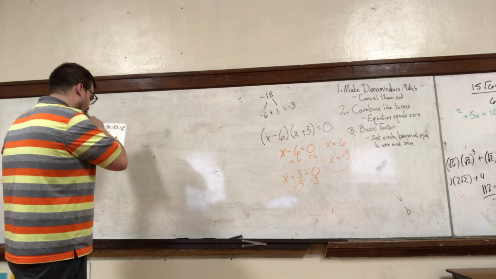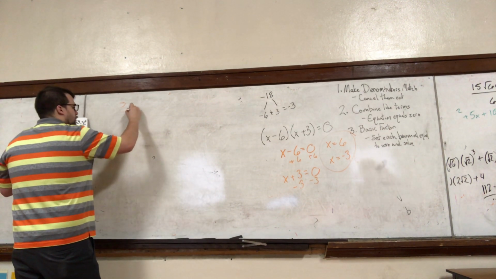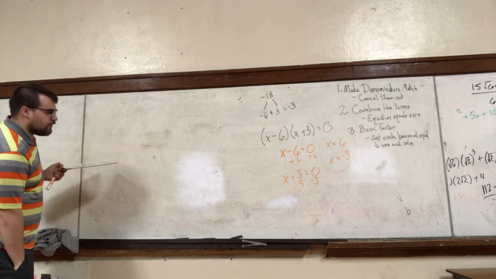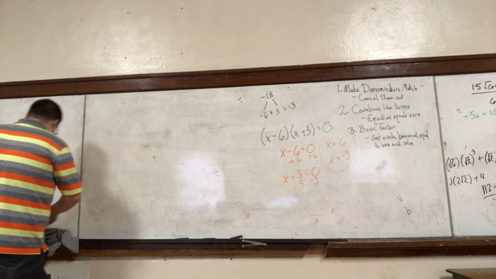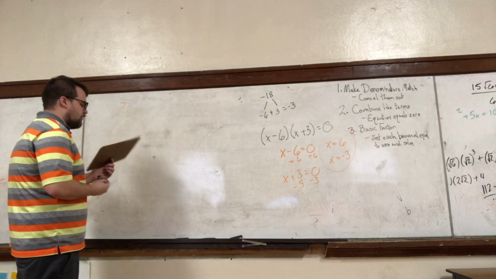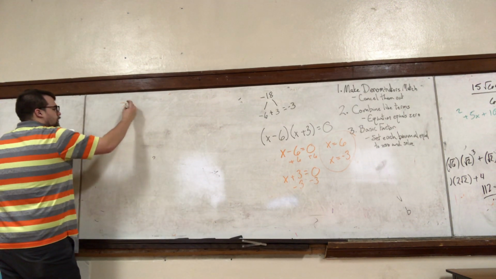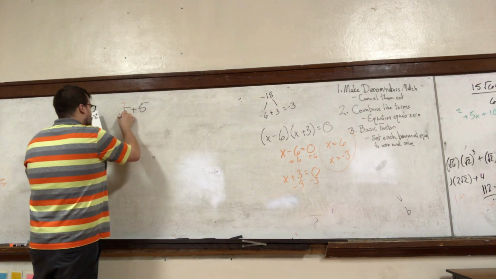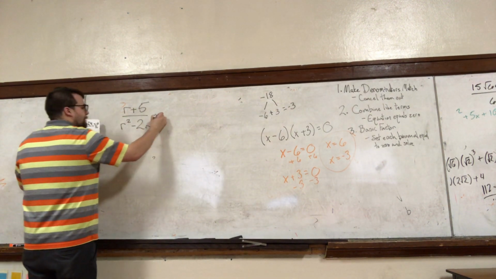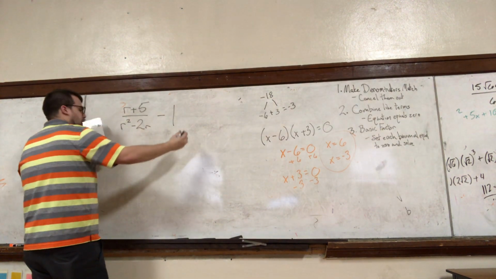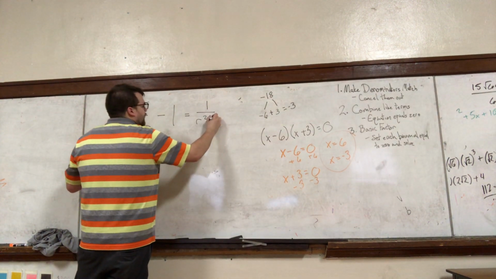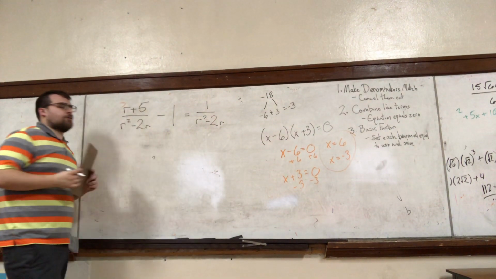The problem is r plus 5 over r squared minus 2r minus 1 equals 1 over r squared minus 2r.